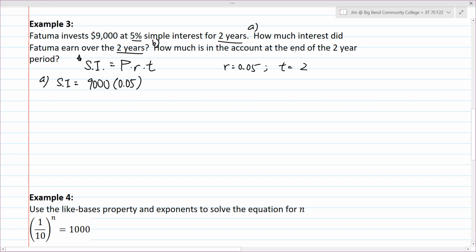So when you plug in the numbers, if you have 9,000 times 0.05, then that would be your interest for a year. And then if you just double that number, then you'll get the interest for 2 years. So the answer will be $900.